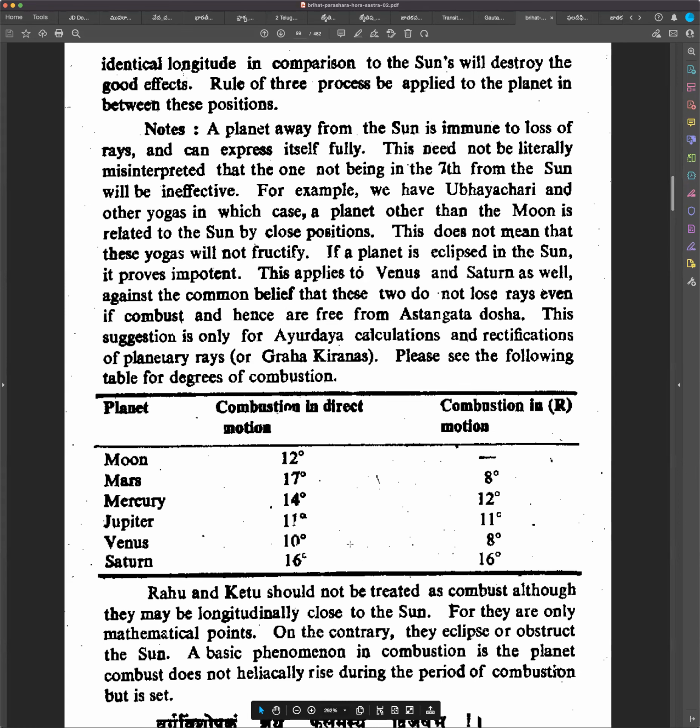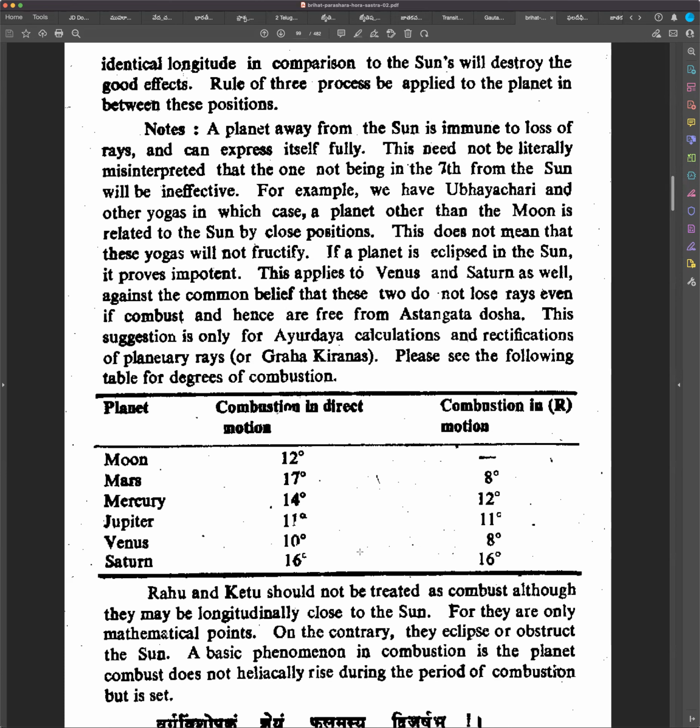So that's all, sir. That's all I need to add. Yeah, retrograde: what is the meaning of retrograde? Whenever the planet comes very close to Earth, the lowest distance between the Earth and that planet, obviously the effect of that planet will be very high.